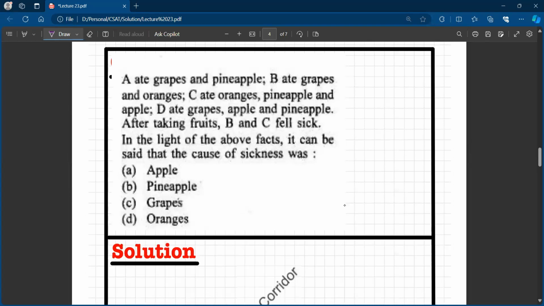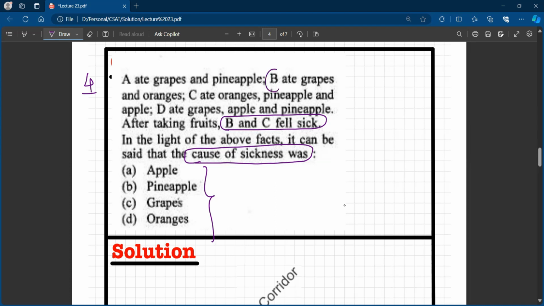In the light of the above facts, it can be said that the cause of sickness was what? Which item caused sickness when these people consumed the item? B and C fell sick. If B and C fell sick, that means the item consumed common to B and C is the reason for their sickness.